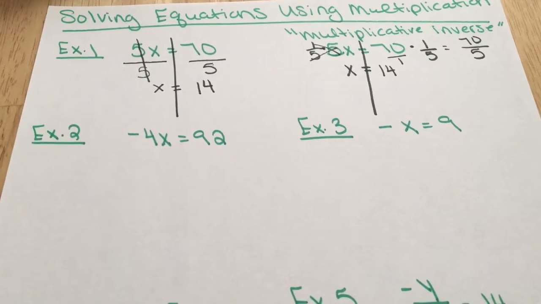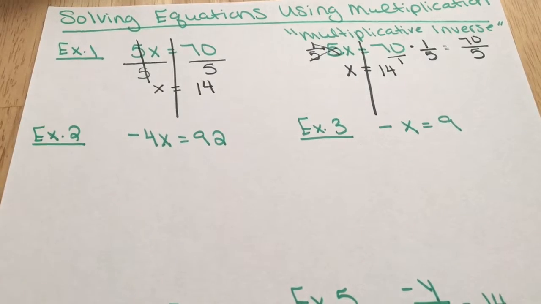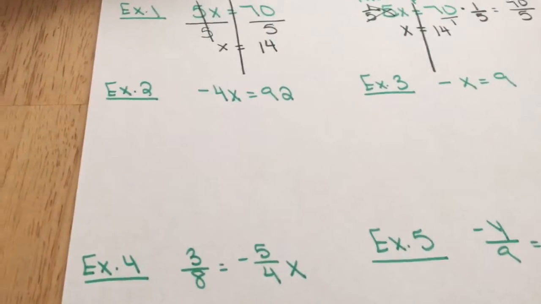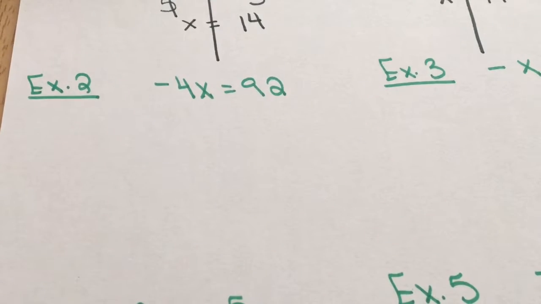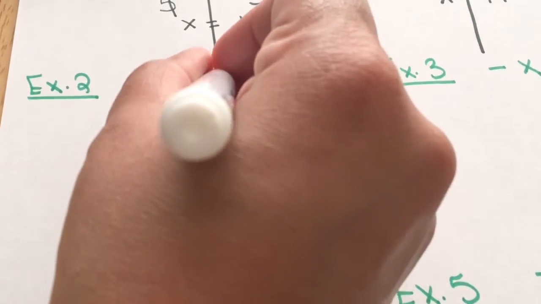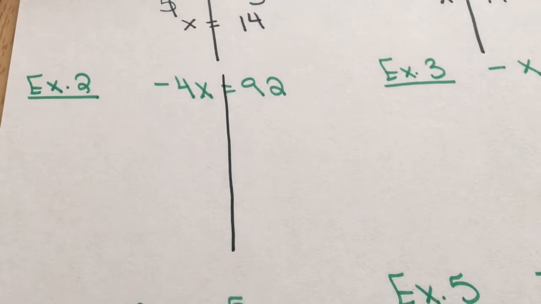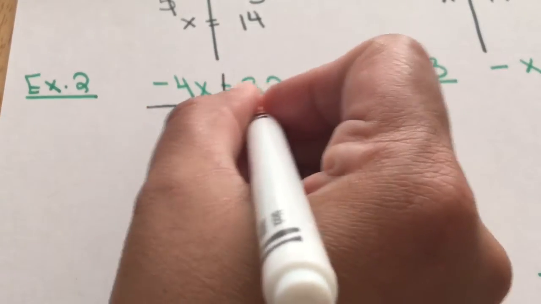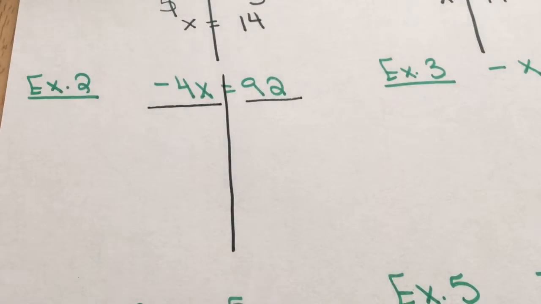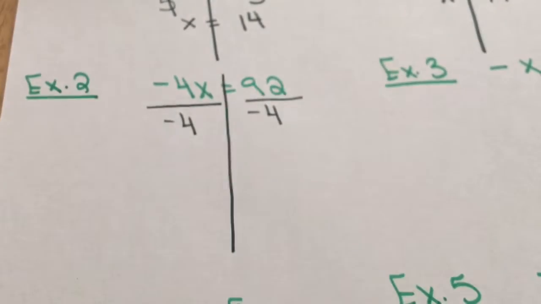So let's go ahead and look at example 2. Example 2 is negative 4x equal to 92. So again, what I'm going to go ahead and do is start by making my line to separate my left and right side. And since I like the division a little bit more, I'm going to go ahead and divide both sides by whatever that coefficient is. So our coefficient is negative 4, so I'm going to divide by negative 4 on both sides.